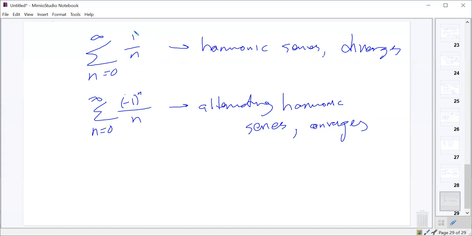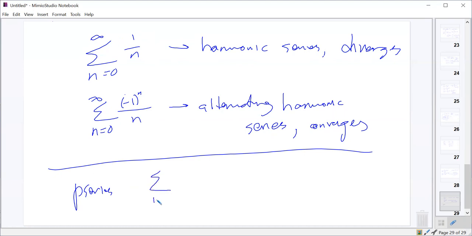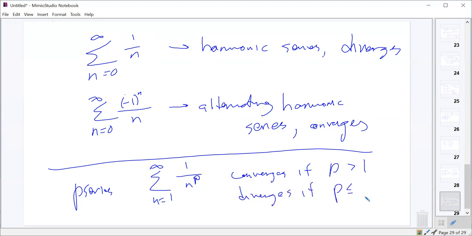And then as far as the p-series test, the harmonic series is just a special case of the p-series. The p-series test tells us that the sum from n equals 1 to infinity of 1 over n to the p will converge if p is greater than 1, but that it will diverge if p is less than or equal to 1.